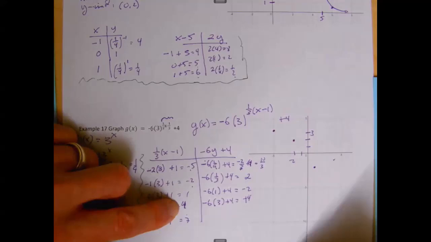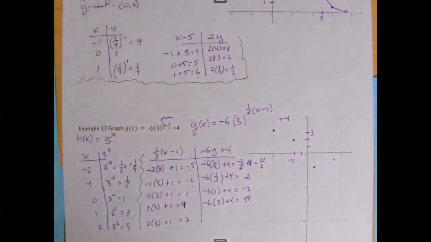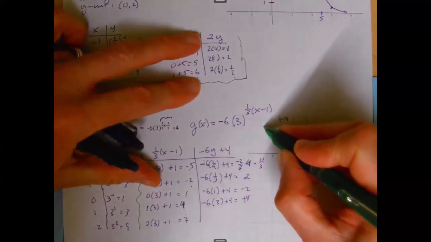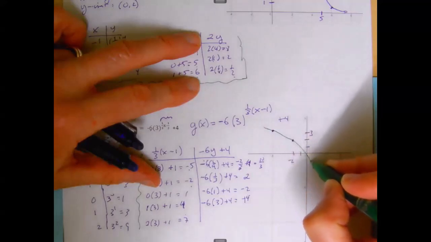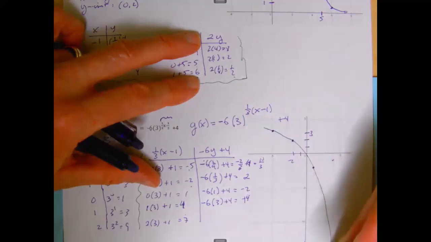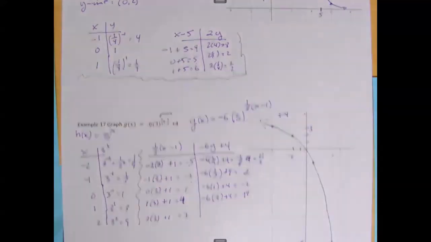There is my negative 14. Okay, I'm going to stop right there. And I can connect that and I get a pretty good idea of what this graph looks like. All right, there it is.